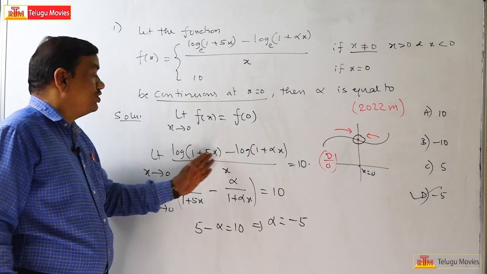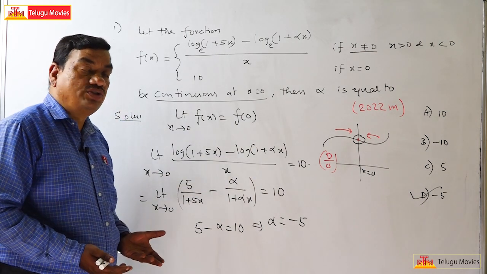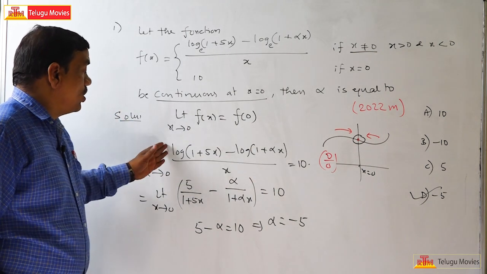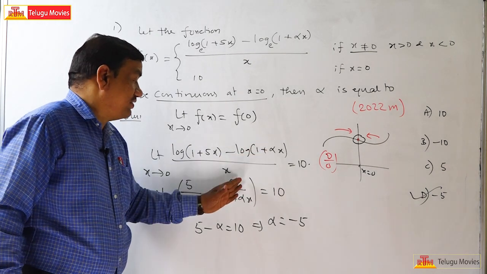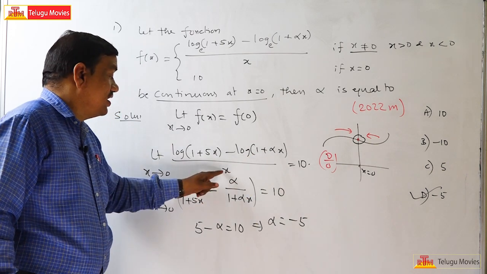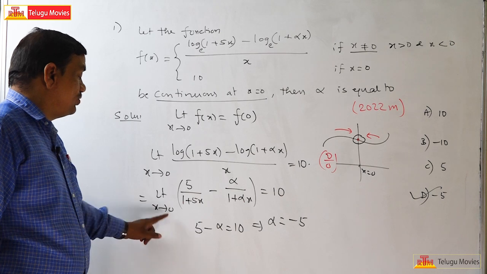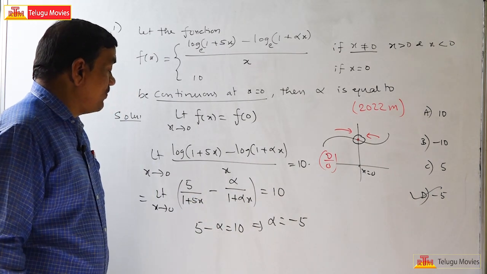We substituted x equal to 0 and got the 0 by 0 form. So we proceed with L'Hospital rule: derivative of log is 1 by the argument, times the derivative of 5x, which is 5, and similarly for 1 plus alpha x, the derivative of alpha x is alpha. Now substitute x equal to 0. We will get the answer: 5 minus alpha is equal to 10.